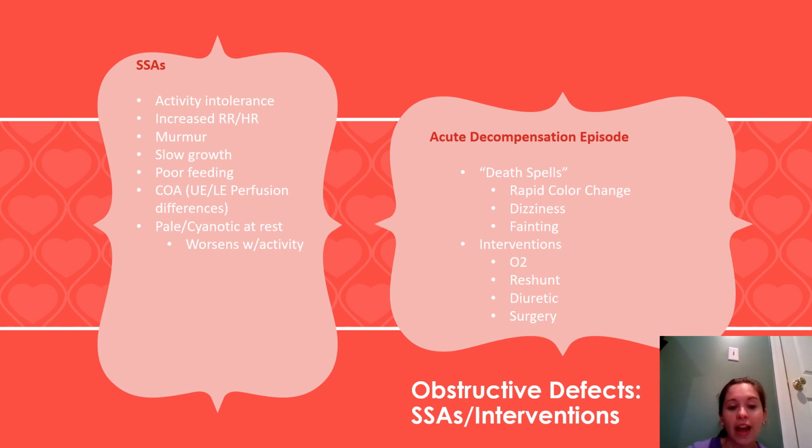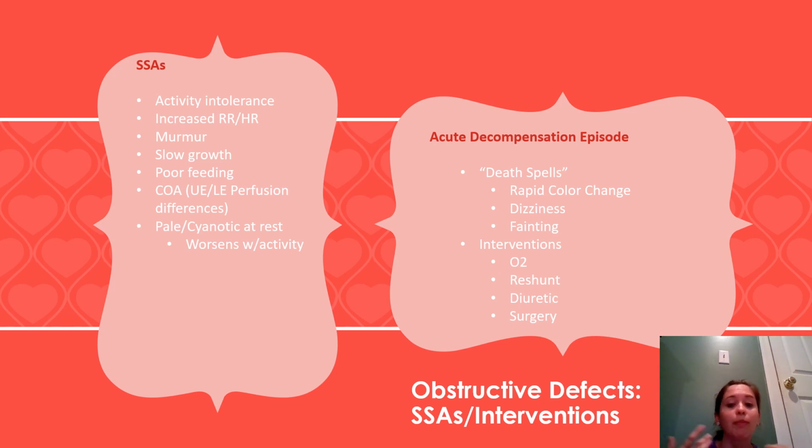And then like with every defect, no matter what the defect, having the activity intolerance, the murmur, the slow growth, the poor feeding, that's expected. Now these patients are going to be pale or cyanotic at rest, again, because they're not getting good perfusion to parts of their body. Now when a patient has coarctation and they're having a death spell, so that acute decline moment, you're going to see a rapid color change.